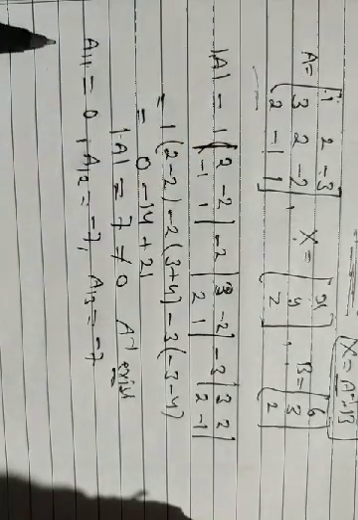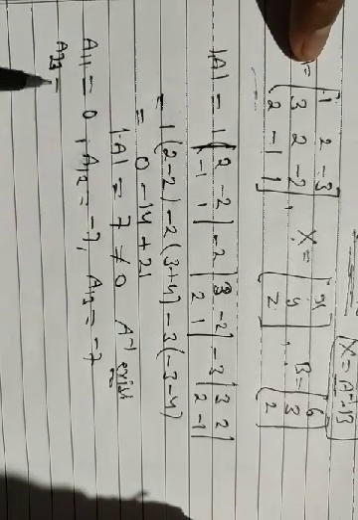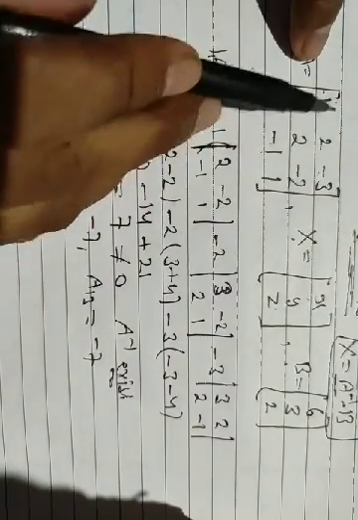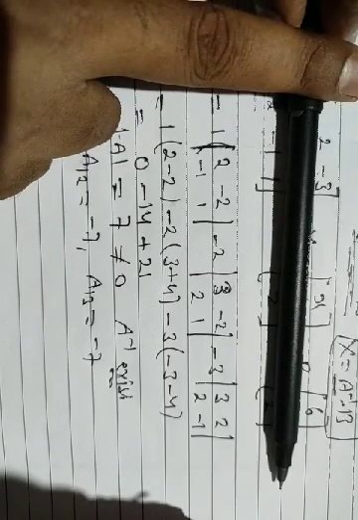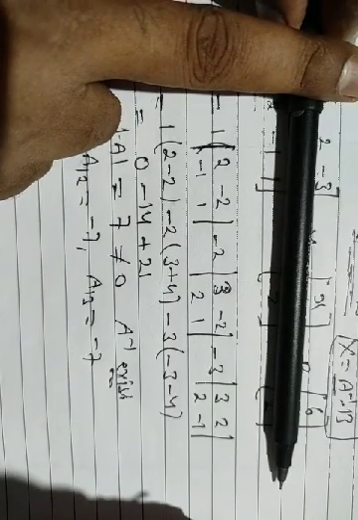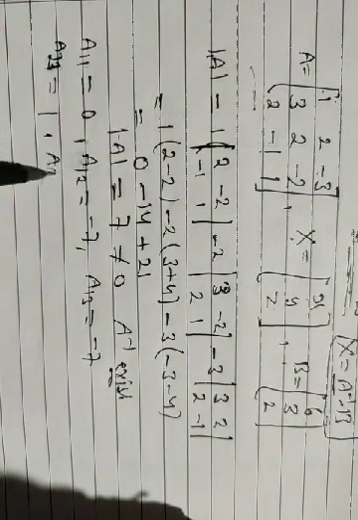Then we get the cofactors of the first row. Now we are going to find the cofactors of the second row. It's A21. Deleting this row and column, we have 2, minus 3, minus 1, but we have to change the sign because here it is minus 1, then it's a positive 1. Now A22.